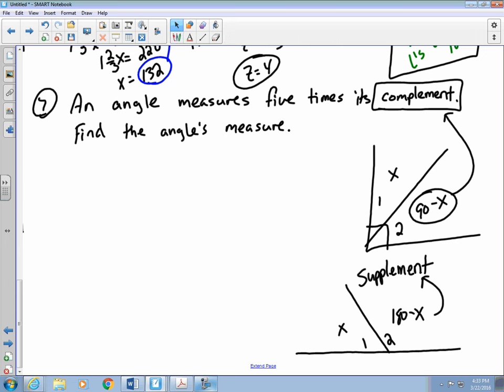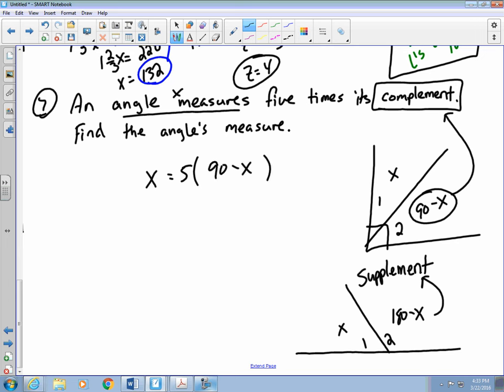with this, we have this equation. We have an angle measures 5 times, so some angle we don't know, so we're just going to label this x, measures 5 times its complement. So again, anytime you see complement, you're just going to replace it with 90 minus x. Find the angle measure, and then we solve that equation for x.